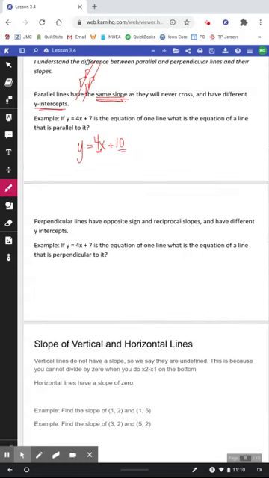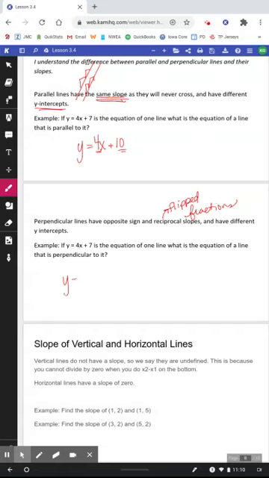Perpendicular lines have two things: opposite sign and reciprocal slopes. And reciprocal, remember, means flipped fractions. And they also have different y-intercepts. So if my example is still y equals 4x minus 7, I want an equation of a line that is perpendicular to it.